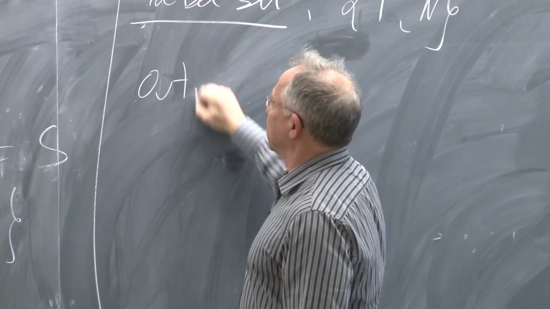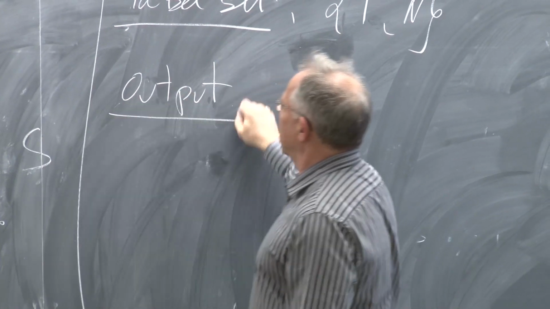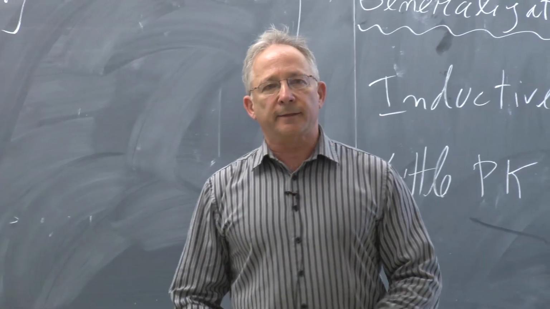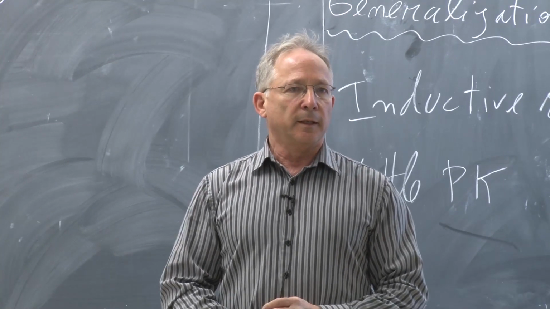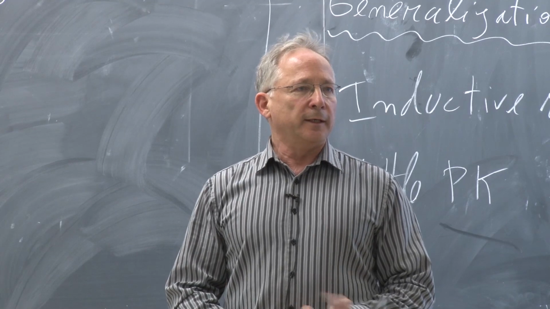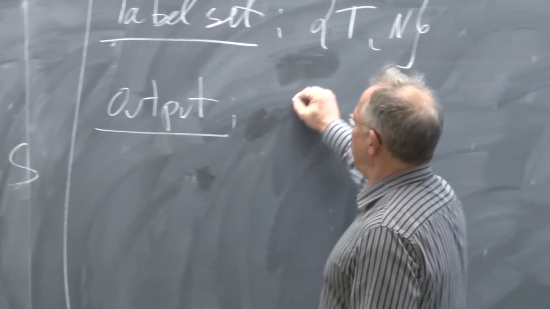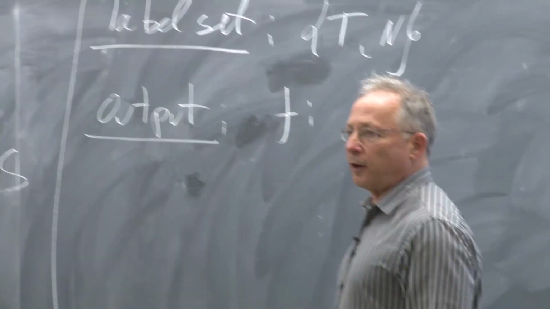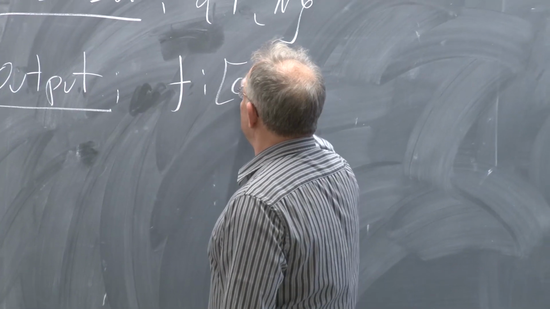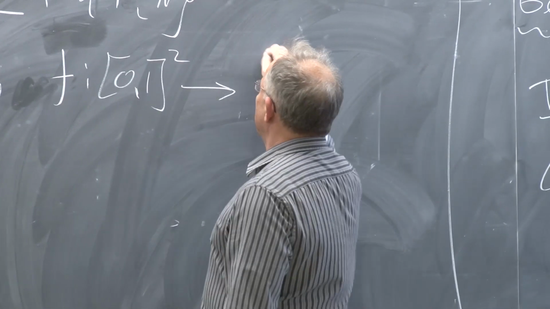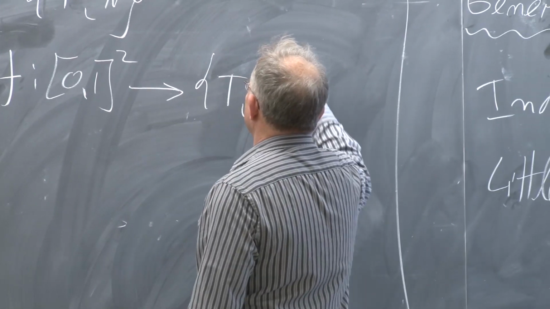And what is going to be my output? So I'm just turning the problem of learning the taste of papayas into a mathematical problem. My output is going to be just a function f that goes from my domain, the [0,1] square, to {tasty, not tasty}.